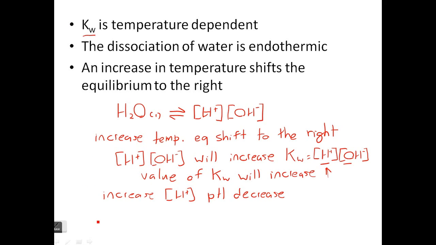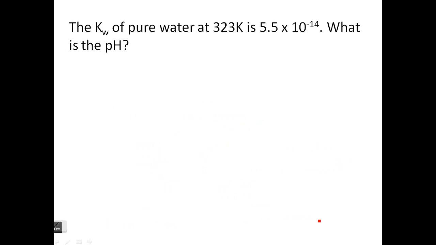So basically we can say if temperature increases, then pH will decrease. We'll have a look at this in the next example.